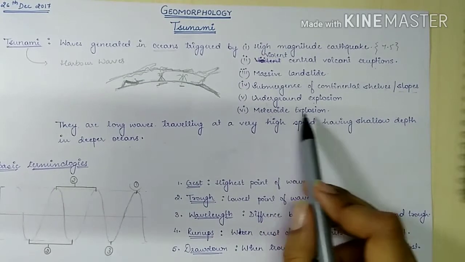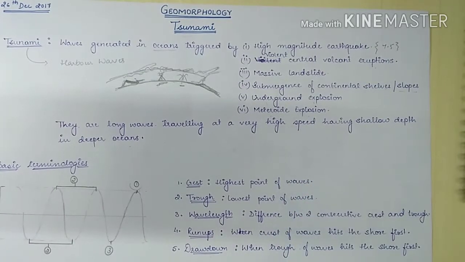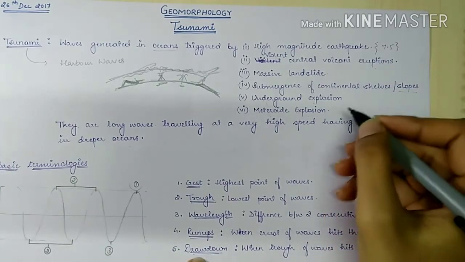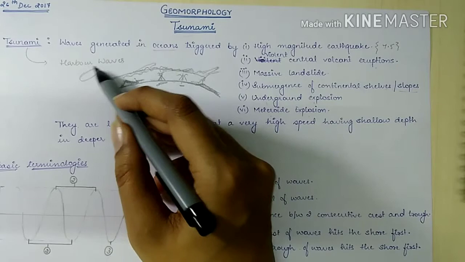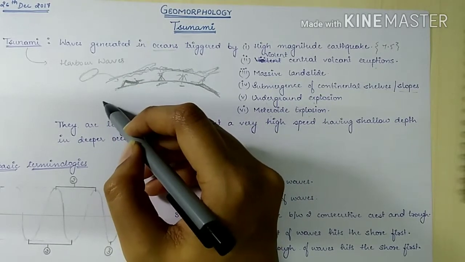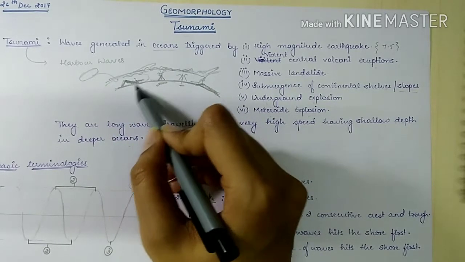Next is meteorite explosion. Meteorite explosion is also one of the major causes of tsunami. During the Cretaceous period, a huge meteorite fell on the earth's surface, and it fell on the ocean.